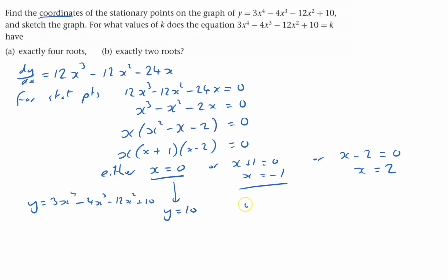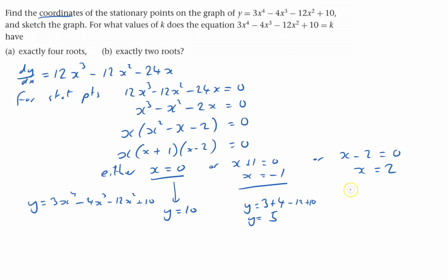When x equals negative 1, y equals 3 positive, and then minus 4 times minus 1, that's going to be plus 4. And minus 1 squared is going to be positive, so that'll be minus 12. And then finally we've got the plus 10. And that will mean that y equals 5.